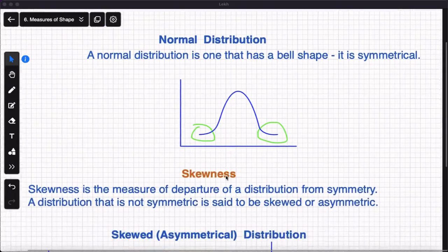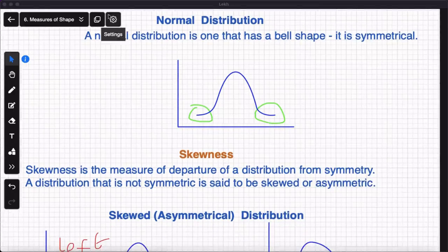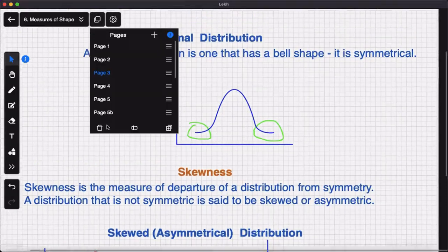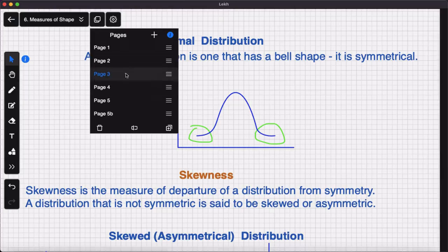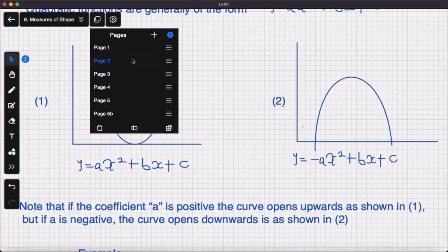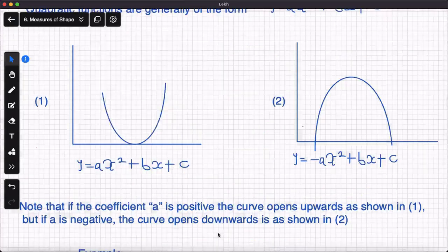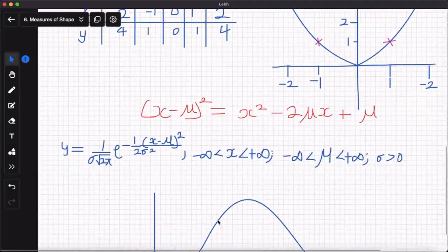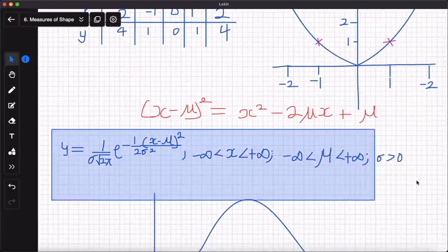It's not just having a bell shape, but it has a particular formula which we call its probability function, which is what you see here.